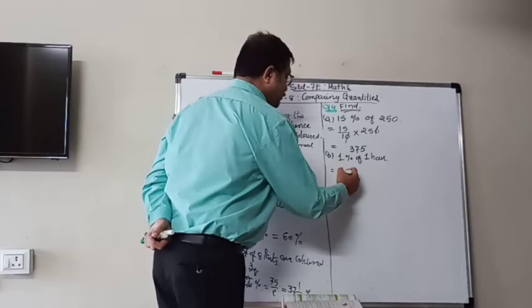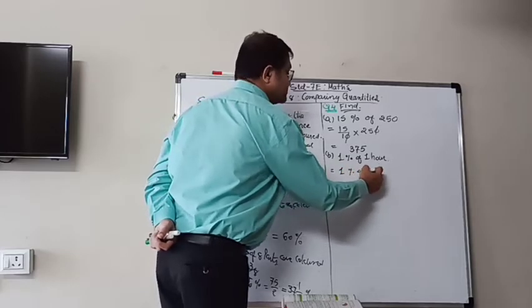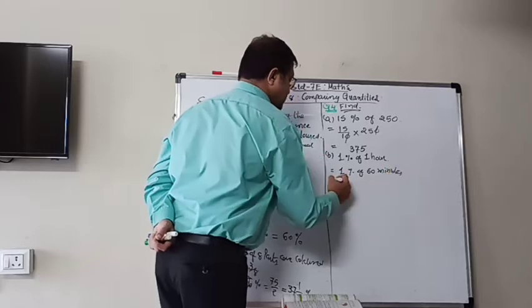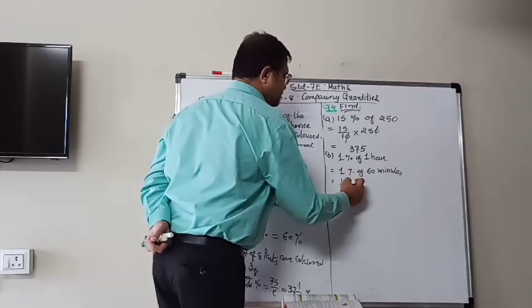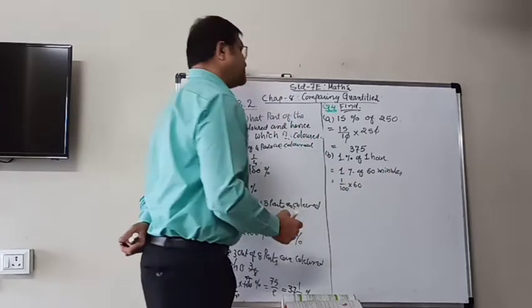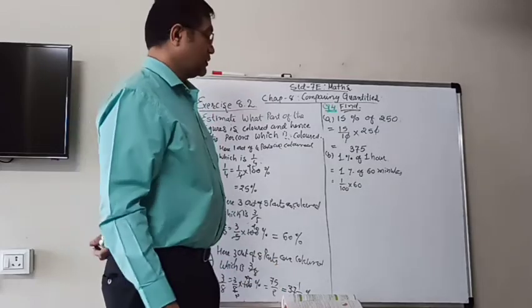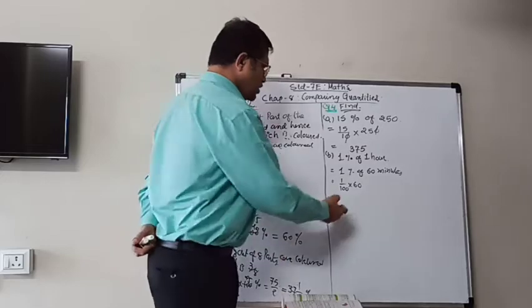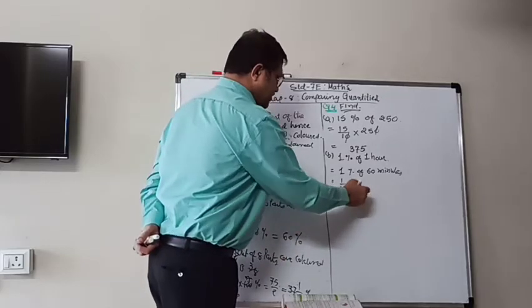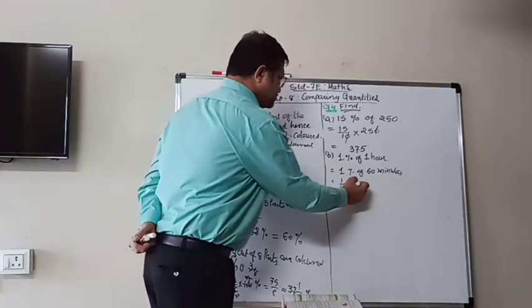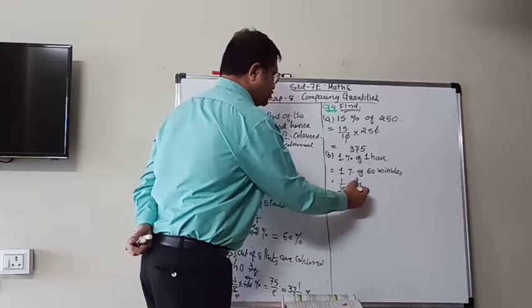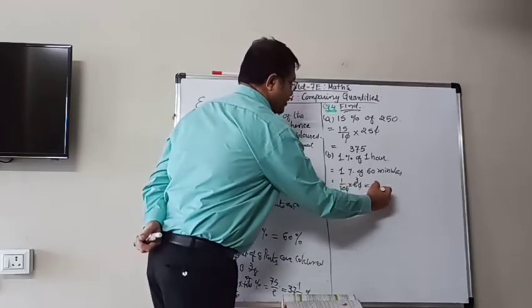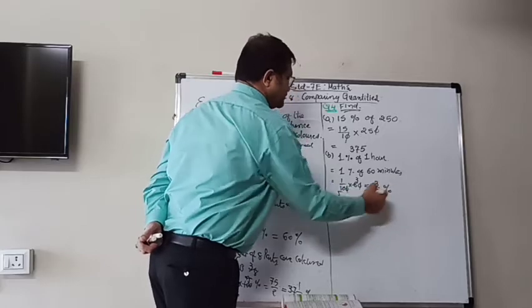So we will find 1% of 60 minutes. So that is 1 upon 100 multiplied by 60. Because 1 hour is 60 minutes. So now cancellation, 3 20s and 5 20s. So that is 3 upon 5%.